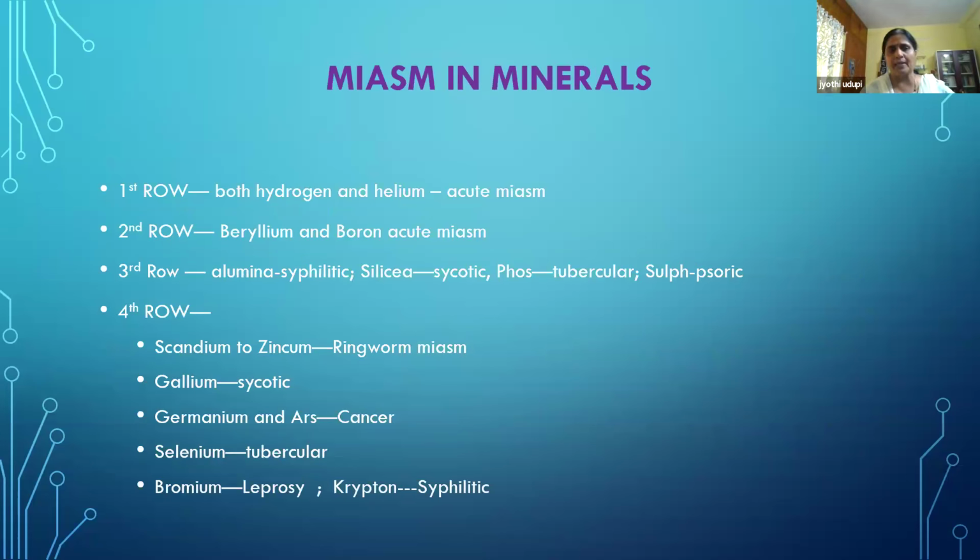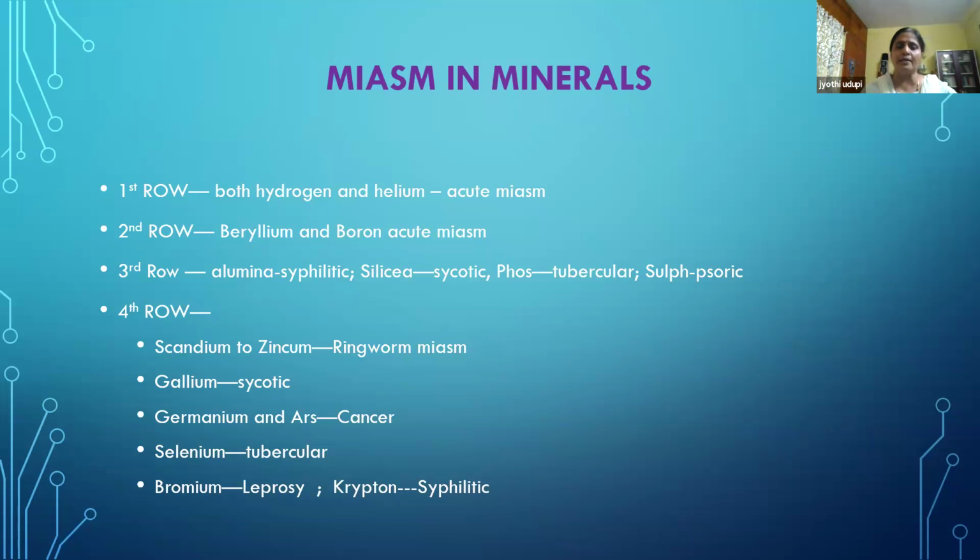So, miasm in minerals. The first row is both acute miasm. The second row is again acute miasm. There is one very good book written by, I'm not remembering his name. He has exclusively written a book on miasm and minerals. This is from his book only.